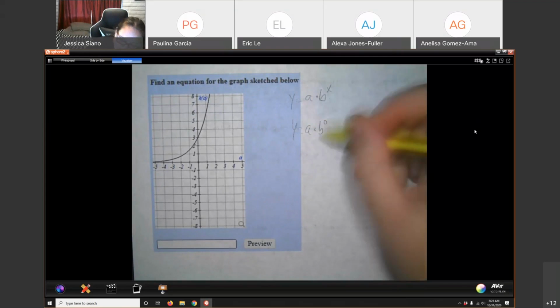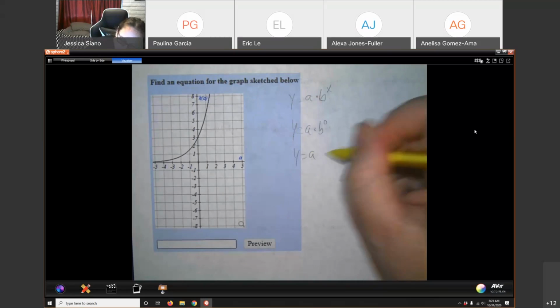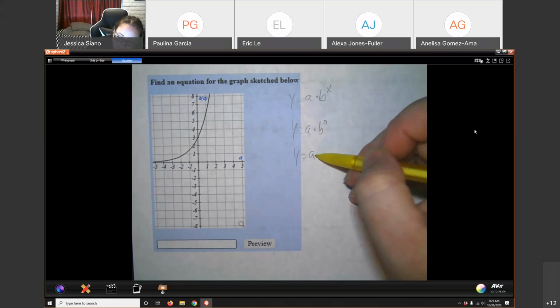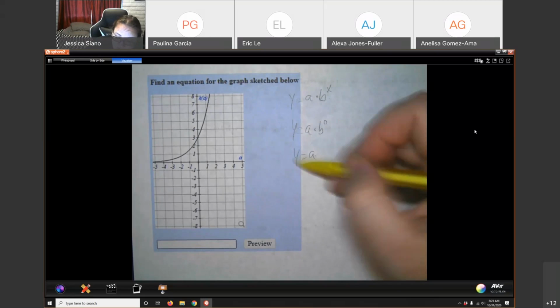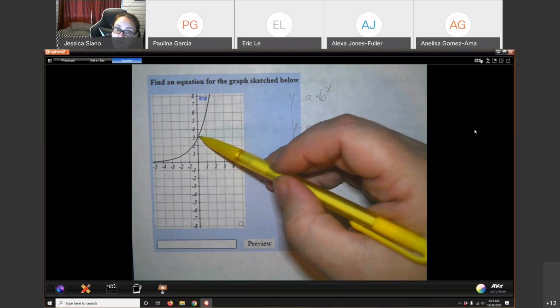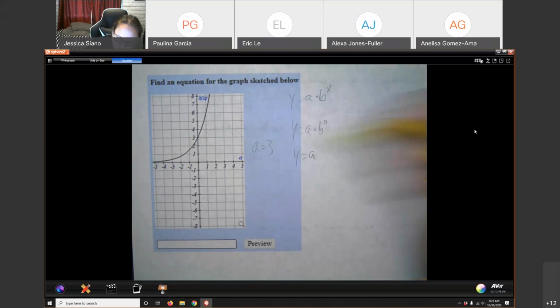Well, b to the 0 now is 1. So when you put 0 in for x, whatever value you get there, that's going to be your a value. So why do I tell you that? Because that's where it crosses the y-axis. So if this crosses the y-axis at 3, then that means that my a value is going to be 3.